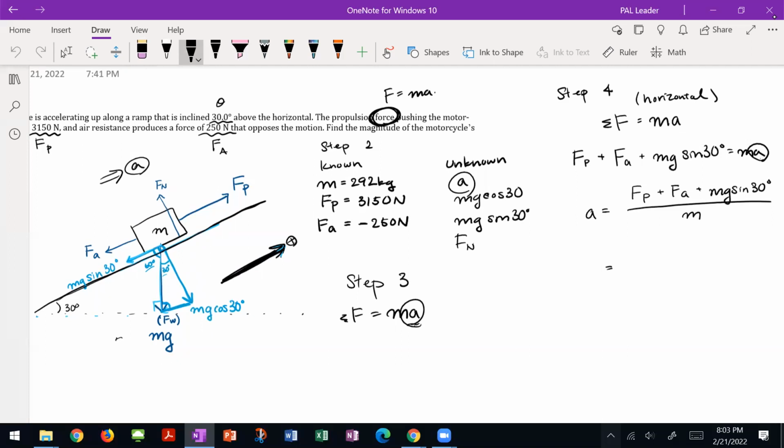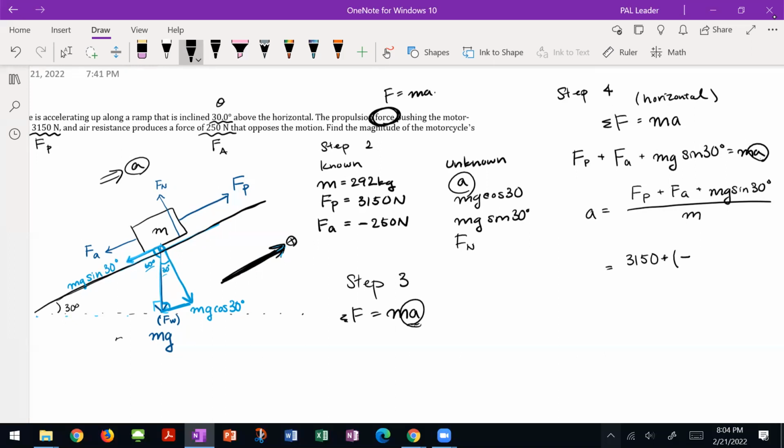Okay, so the force of the propulsion, that's 3,150 plus, but the air resistance is going left, right? Technically, in our slanted world, we're going left.